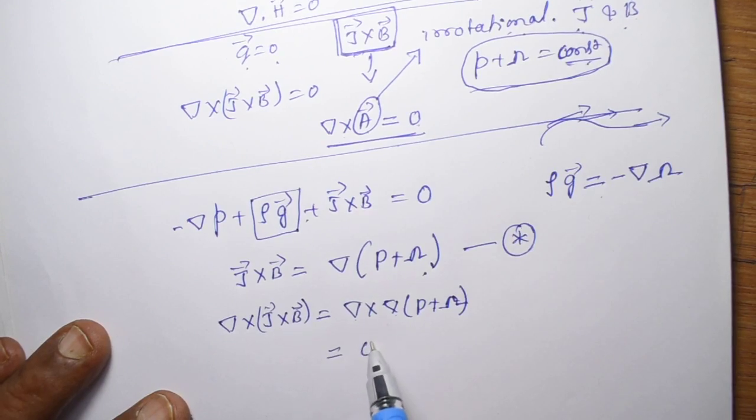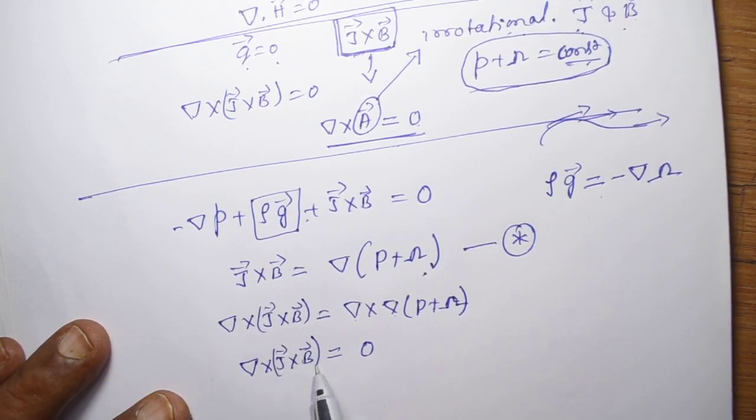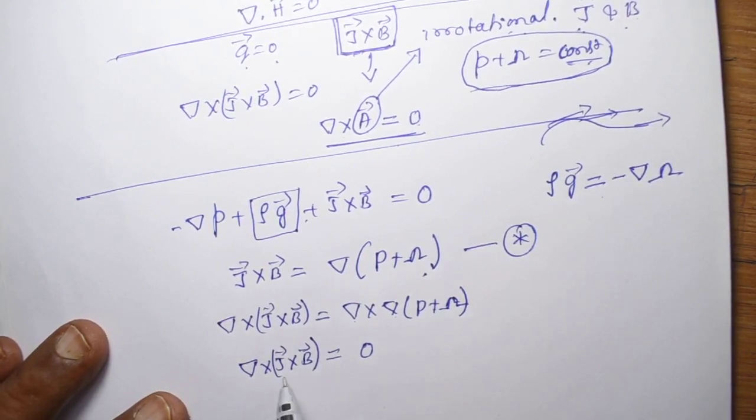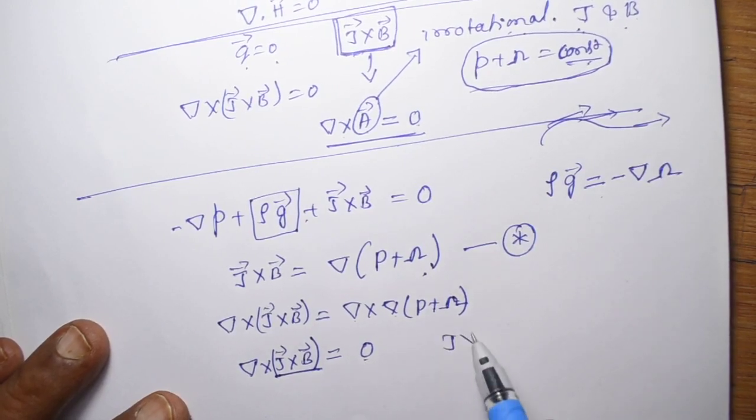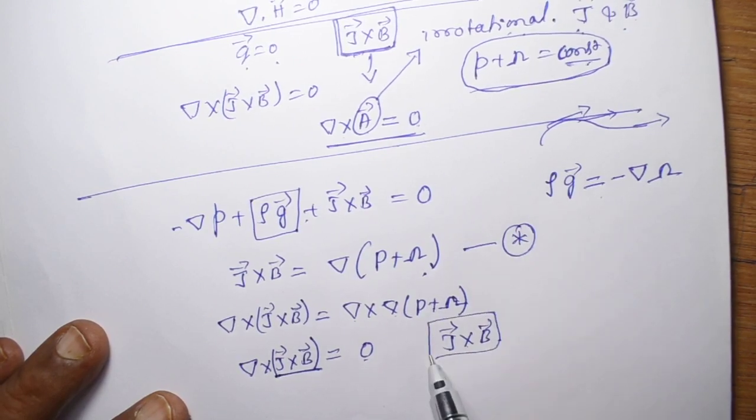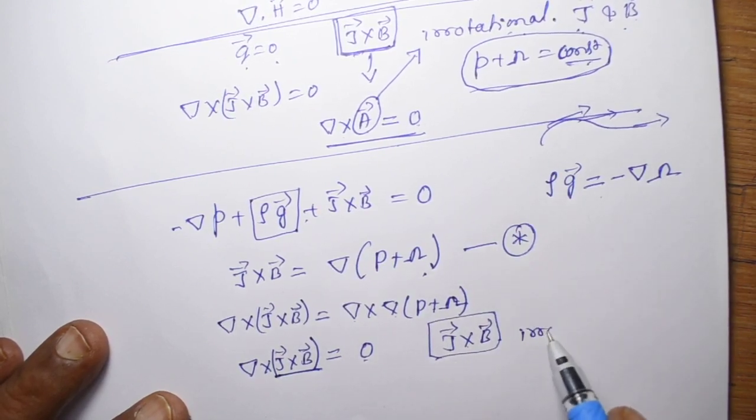That's why curl of J cross B is equal to 0. What does it mean? This vector is not conservative, sorry, irrotational. This proves that the vector J cross B, the Lorentz force, is irrotational.